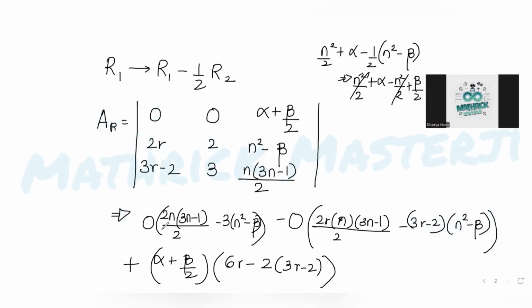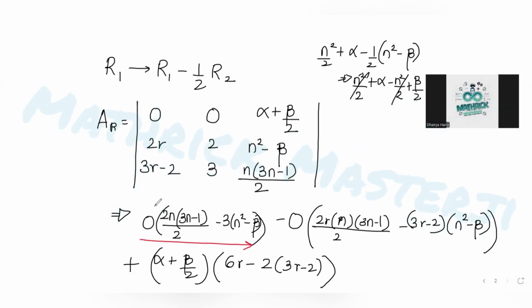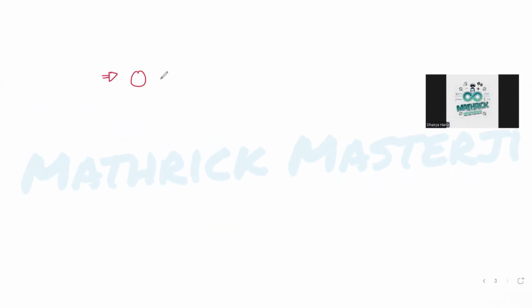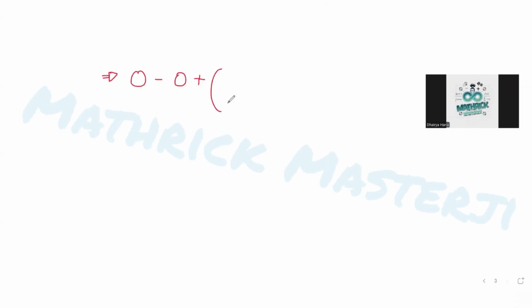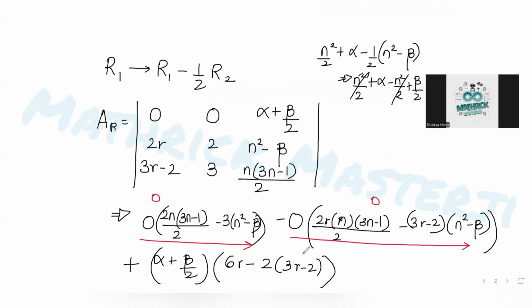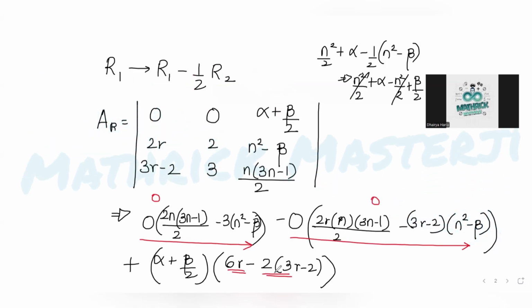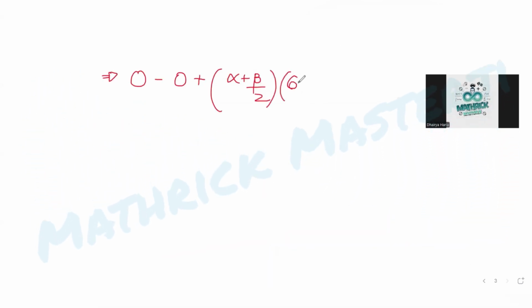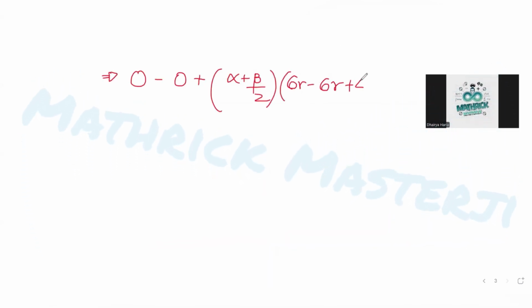The first two terms become 0, so I get 0 minus 0 plus alpha plus beta over 2 times 6r minus 6r plus 4.